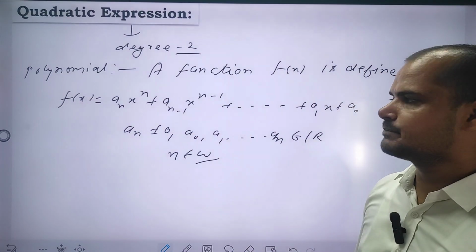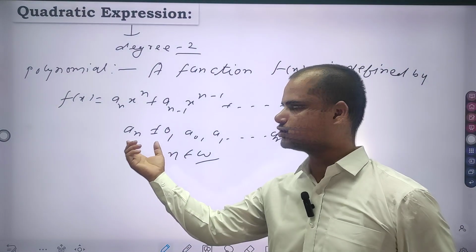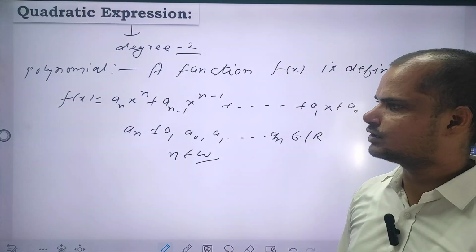This is an n degree polynomial. If we put a_n equal to 0, then this will become an n minus 1 degree polynomial.